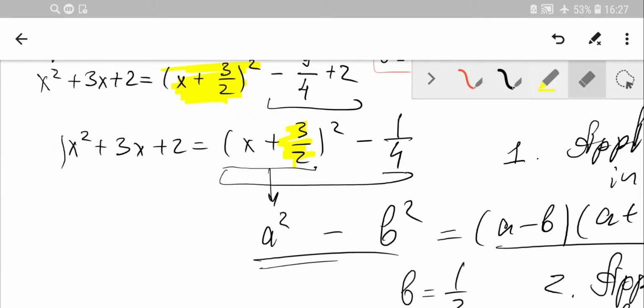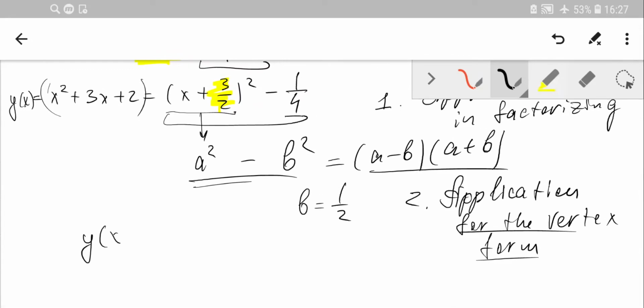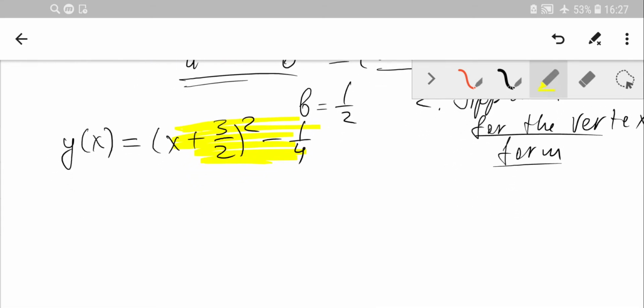So we can say that this expression is simply y from x function. What we can do, now we know that y from x has a complete square form as x plus 3 over 2 squared minus 1 over 4. So we have that.